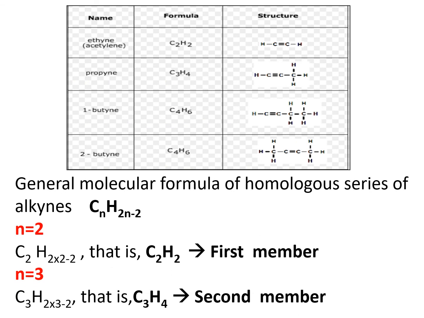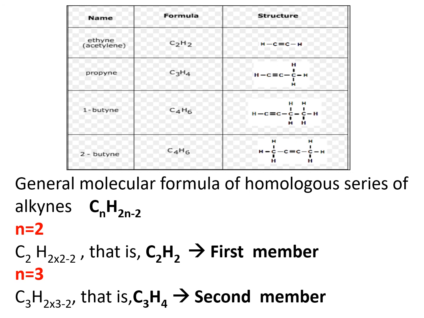Third is the general molecular formula for the homologous series of alkynes. This is not there in your textbook; it is just extra information which I have given. The general formula is CnH2n-2. Again, here we will not have one carbon atom; we start with two carbon atoms.